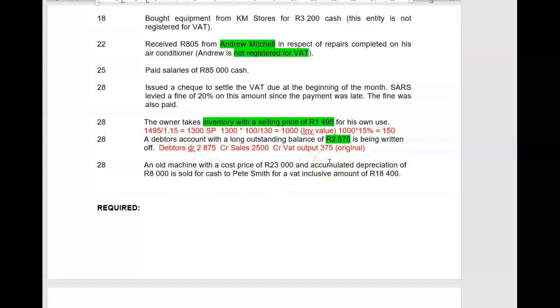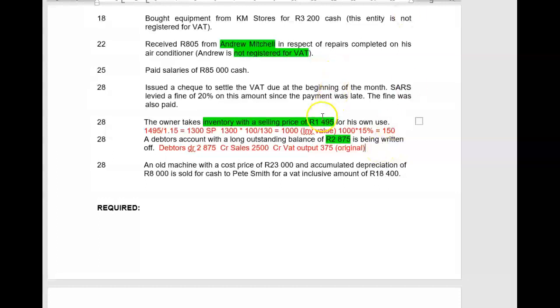Now, this guy has never paid me, and he is also not going to pay me. I cannot do anything about the sales because that's sales I have recognized already. But I'm going to write off my debtor of 2,875. But what about this VAT output of 375 that I paid over to the receiver of revenue initially? The receiver of revenue says, look, I'm not an unreasonable man.